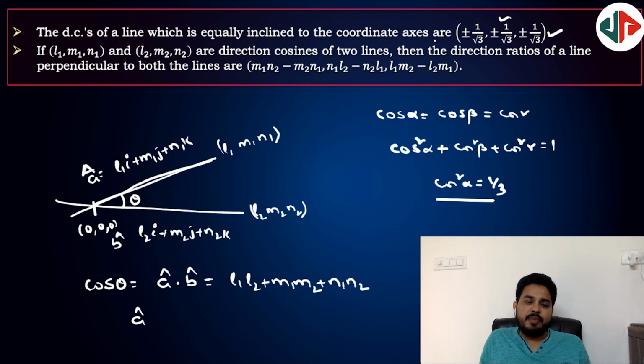If A hat is perpendicular to B hat, what does that mean? L1 L2 plus M1 M2 plus N1 N2 is equal to 0.